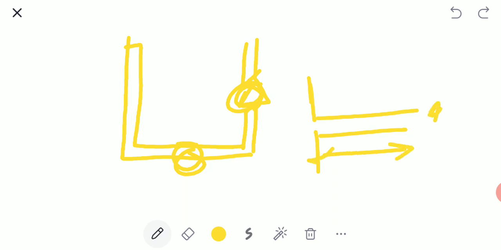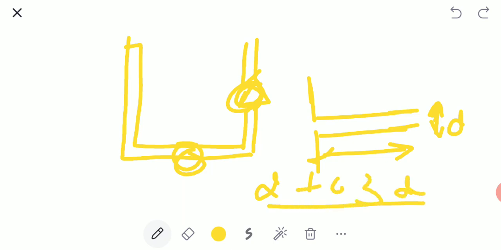If d is the diameter of this pipe, then this length is 2 to 3 times its diameter. This is the major difference between orifice and mouthpieces. It may be asked in exams, what is the difference between orifice and mouthpieces. Both are used to measure the rate of flow of a fluid.